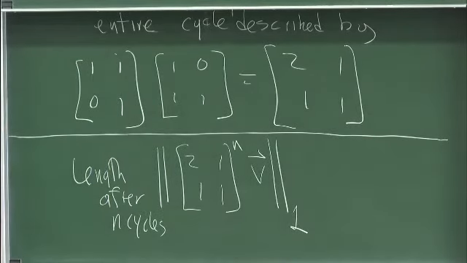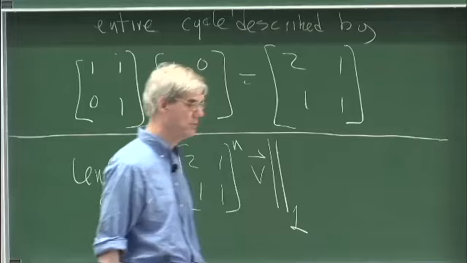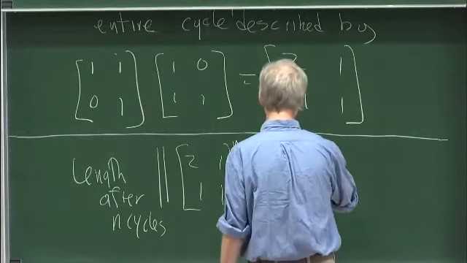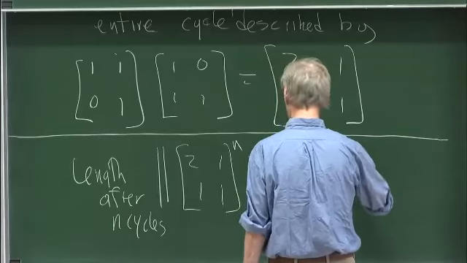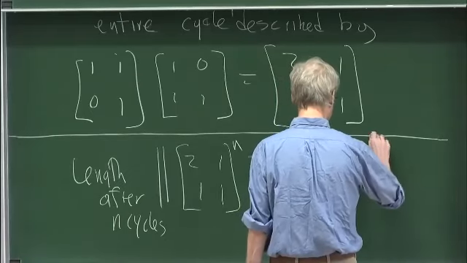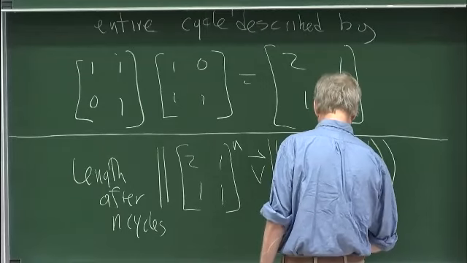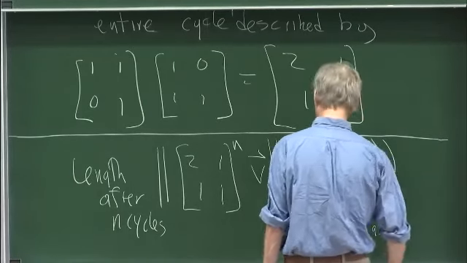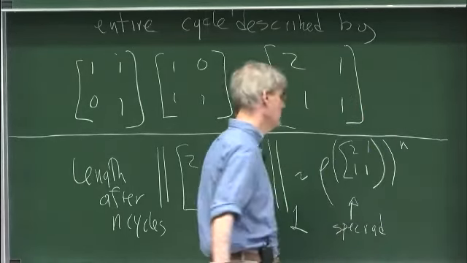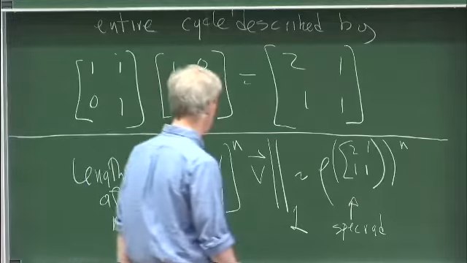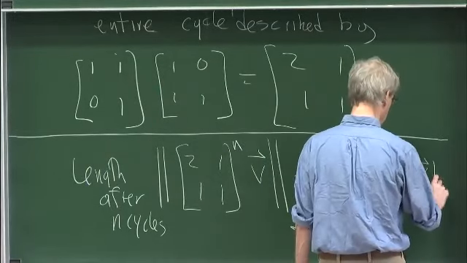And now the question is, how does this guy grow? So how you iterate a matrix, how the norms grow? Well, it grows like the spectral radius. All right, so again, let me just be rough here. This grows like the spectral radius. This is the spectral radius, to the nth power. If you like, just pass to the Jordan form or use Gelfand's theorem or whatever. So this grows like this, and let me put an initial norm here.